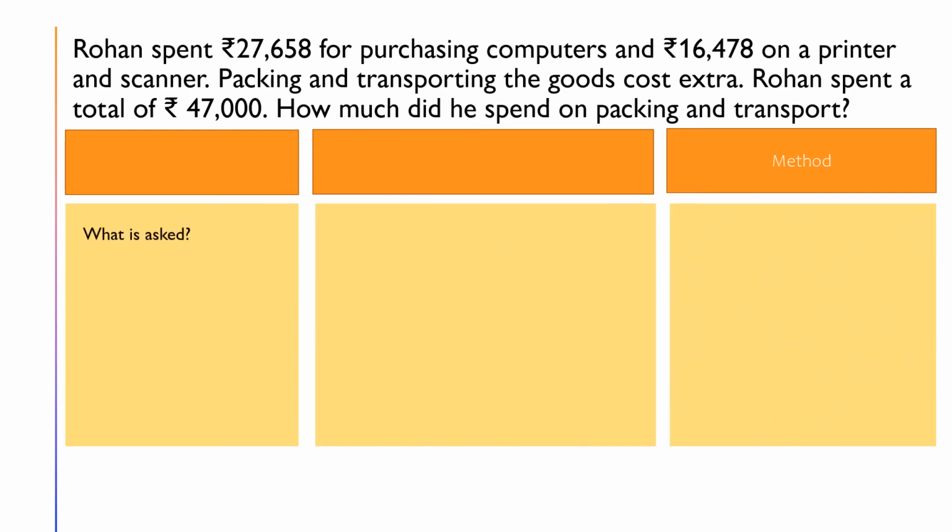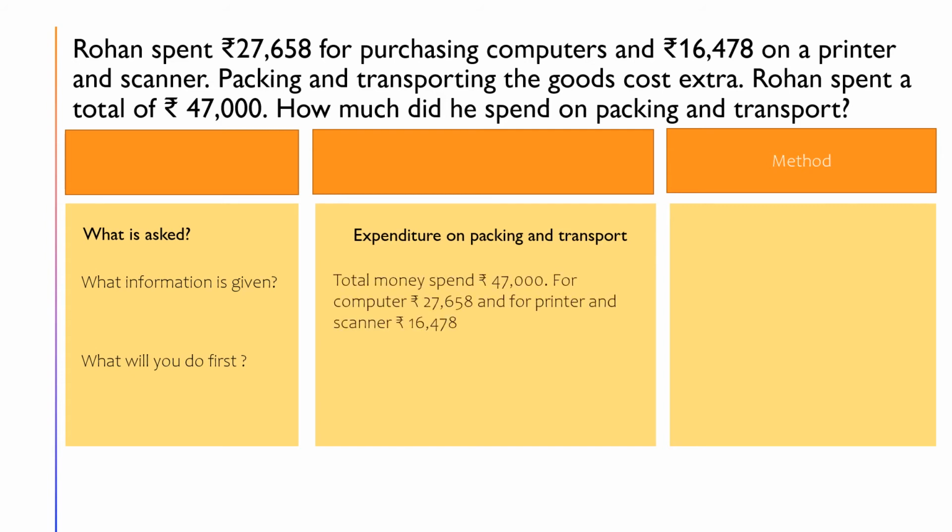What is asked? What information is given? What will you do first? In the next column we will write the answer for it: expenditure on packing and transport. What information is given? Total amount spent rupees 47,000.